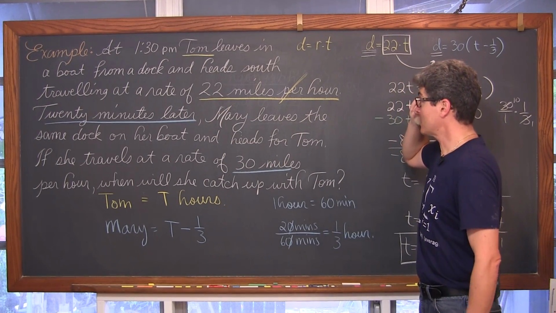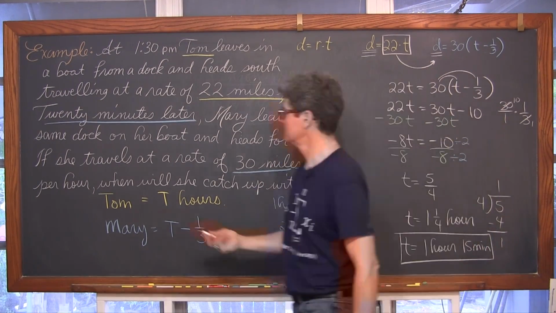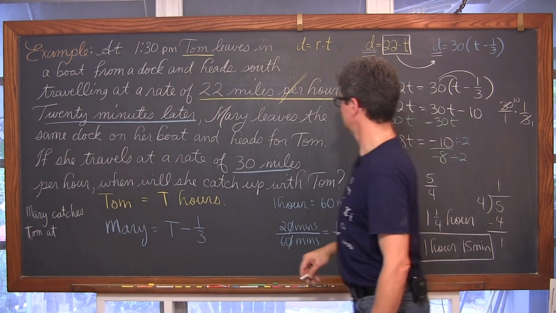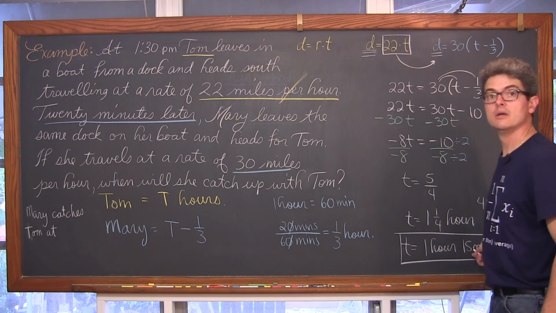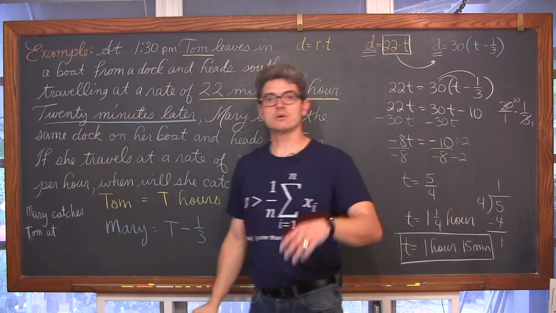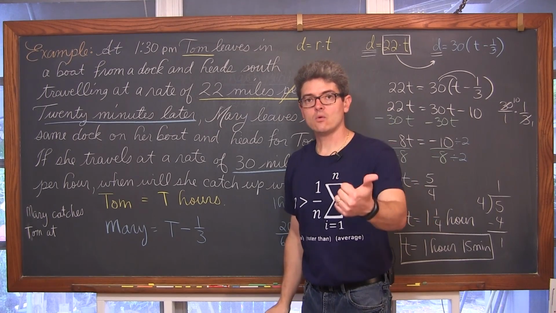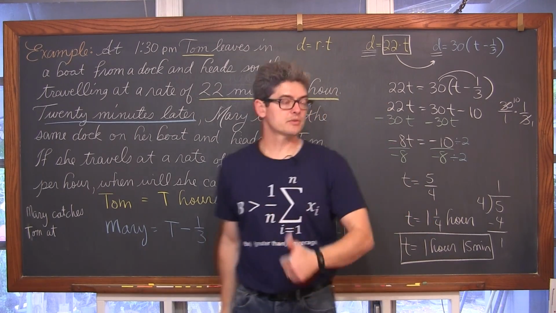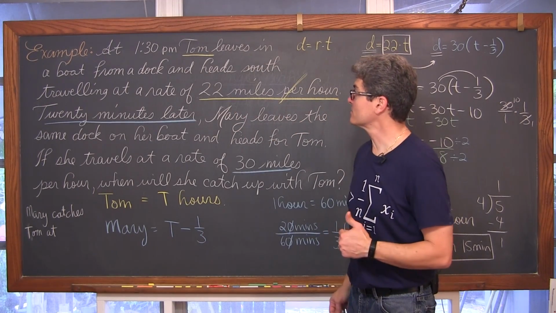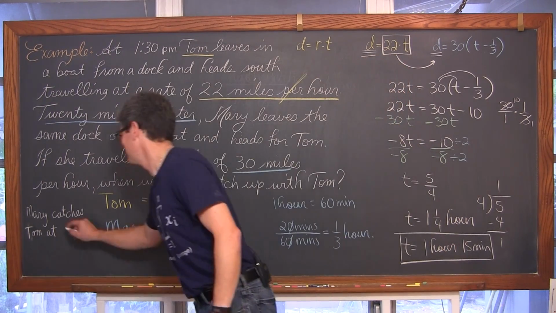So she's going to catch up with Tom at 1 hour and 15 minutes after 1:30. So 1:30 and an hour is 2:30, and 2:30 and an additional 15 minutes is 2:45 p.m.